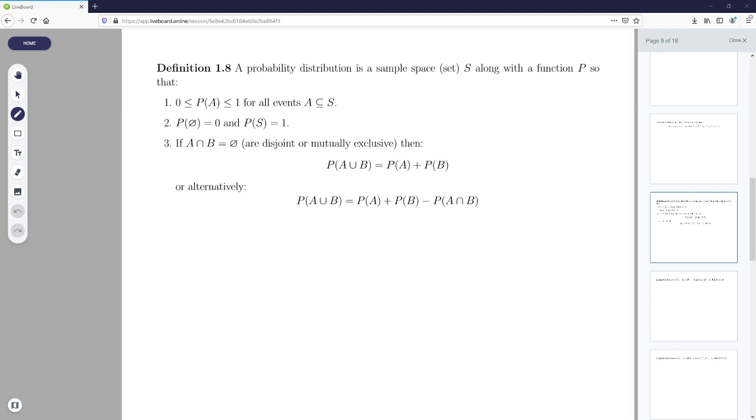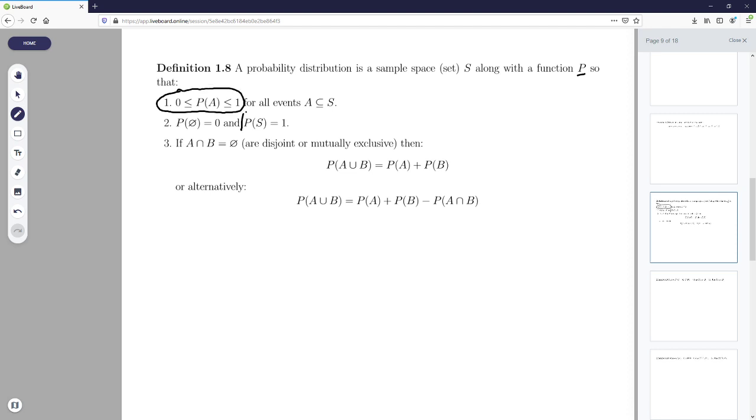Let's review the definition of a probability distribution. A probability distribution is a sample space along with a function P, so that all the events have a probability between 0 and 1.